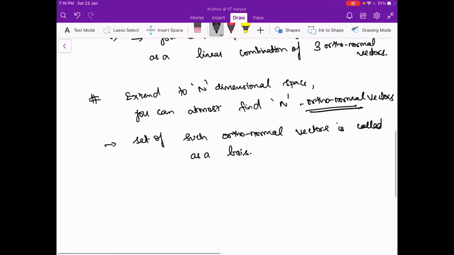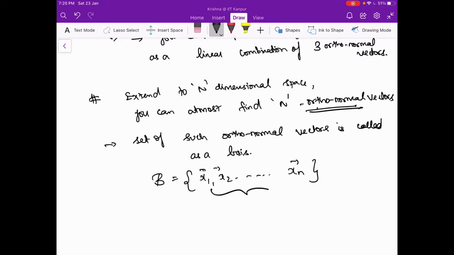So this B is a set that I define: x1, x2, so on till xn, and these xn's are vectors, and these xn's are orthonormal as I have defined here. For a 3-dimensional space, this is just x1, x2, x3. These are 3 normal vectors. For n-dimensional space, you should find n. Any xn plus 1 will not be perpendicular to all the others.